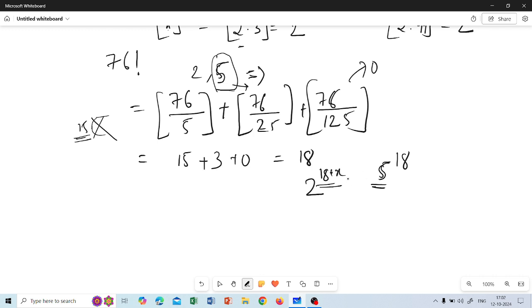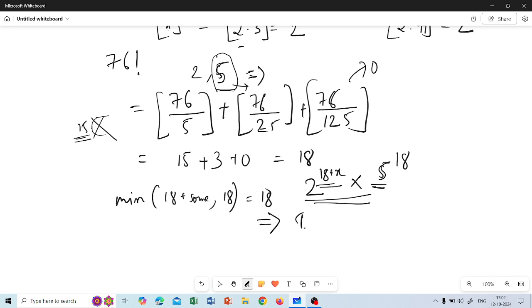It doesn't matter how many 2s there are. The minimum of 18 plus some number, and 18, is always going to be 18. So this is the concept. The number of trailing zeros is equal to 18.